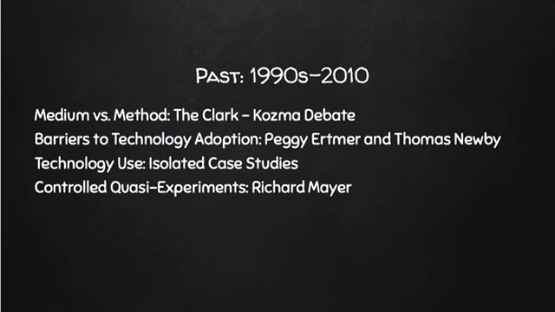There's a fair amount of case studies on a variety of technologies about how the technology was used. One other area is controlled quasi-experiments, so quasi-experimental research, and you'll read more about that in the weeks to come. But it's really experiments set up to show how technology can affect learning.